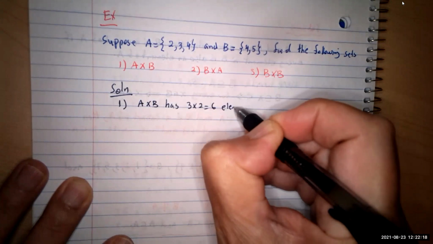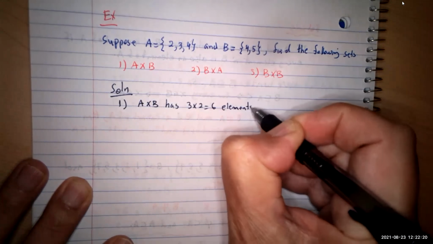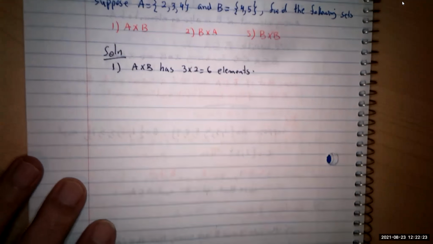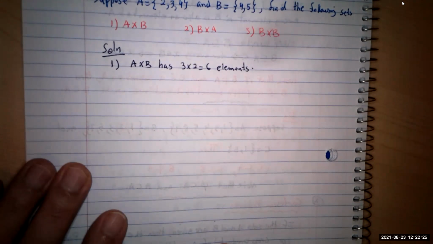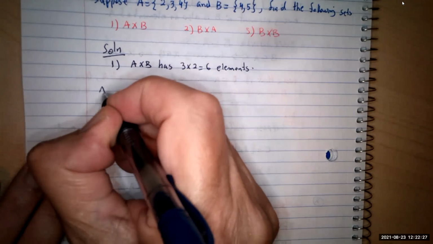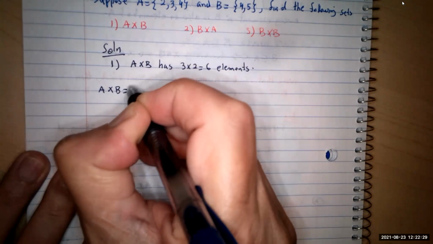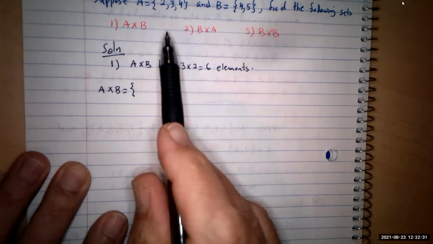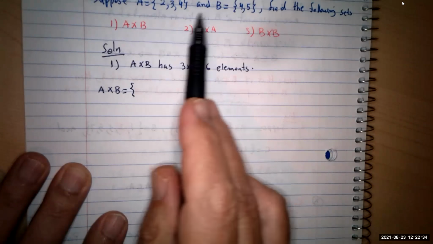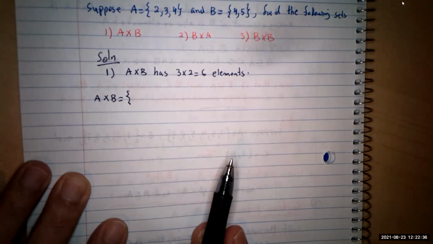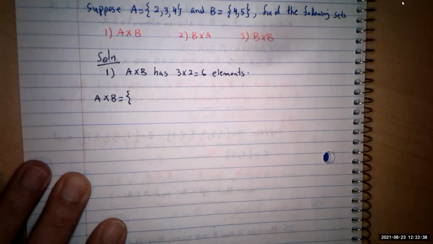This means you are not going to miss anything. The members must be given as ordered pairs. So A cross B equals the ordered pairs. You pick one element from A and match it with all the members in B. When you are done, we come back.